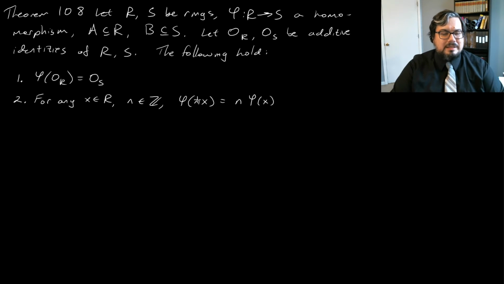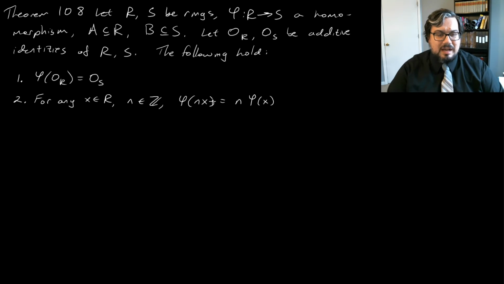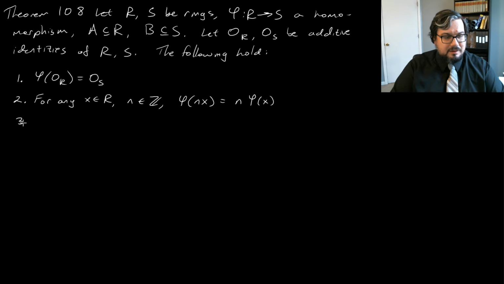Remember that when we write an integer times a ring element, we mean the n-fold sum of this. This means add up x n times, or if n is negative, it means add up negative x negative n times. So we can take integer multiples and move them outside.